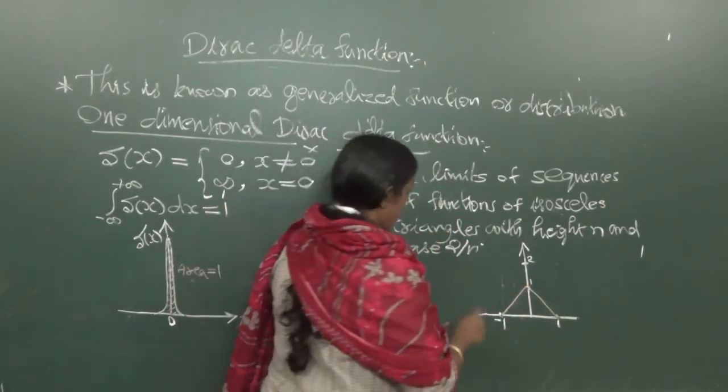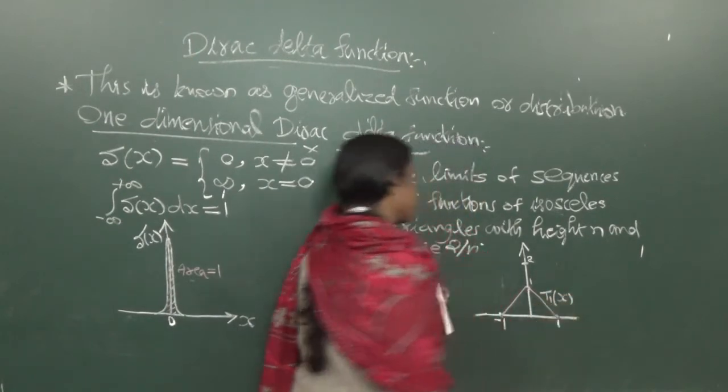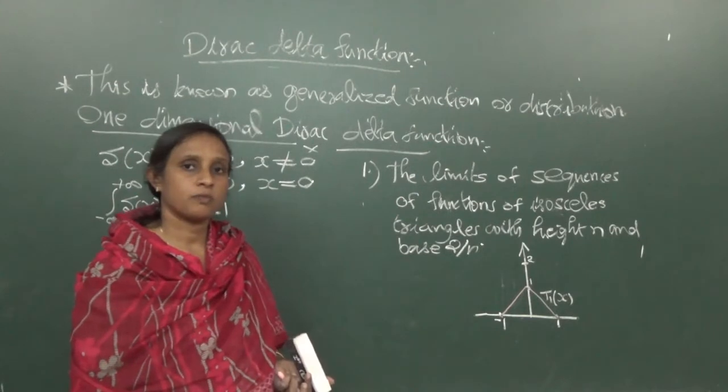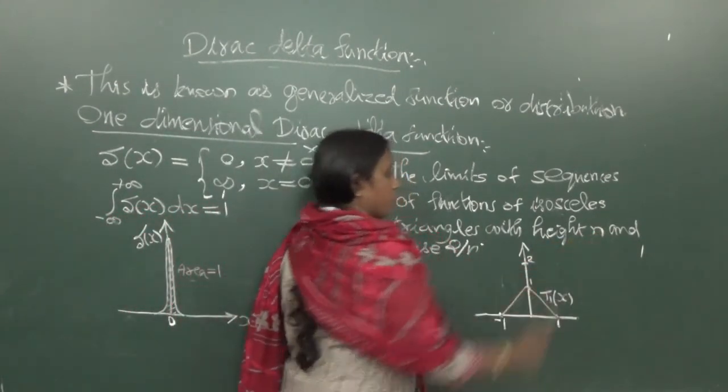This is T1 of x. The next case is n equal to 2.